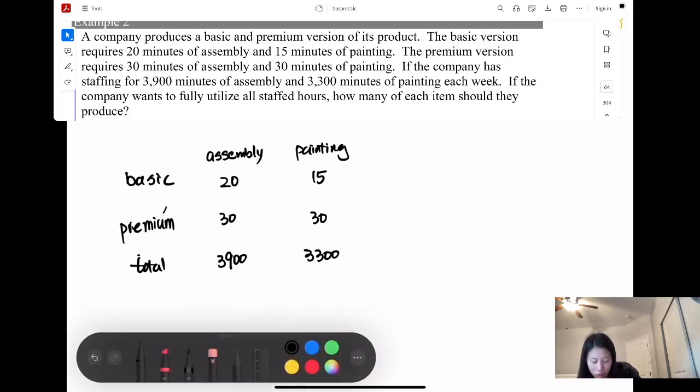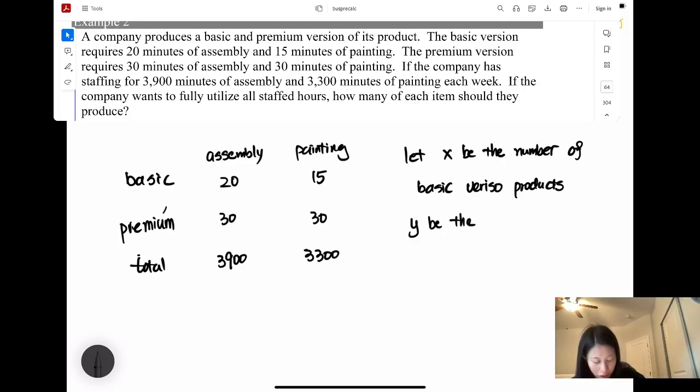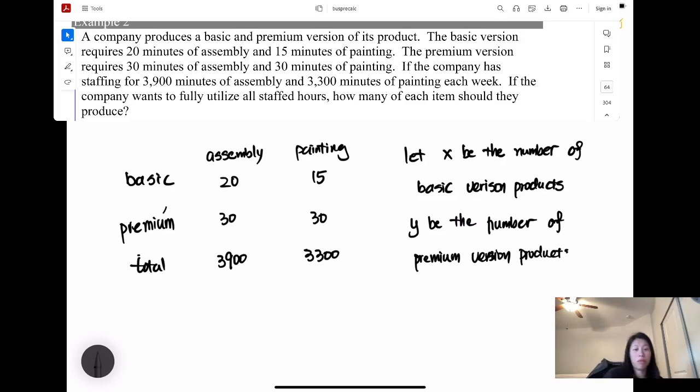So let's say we let X be the number of the basic version products the company produces, and Y be the number of the premium version products that the company produces.